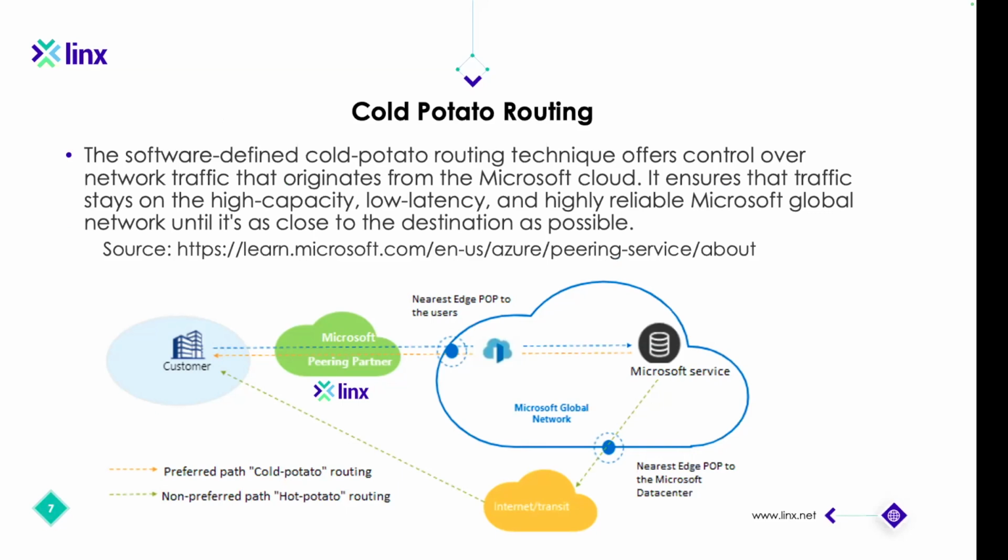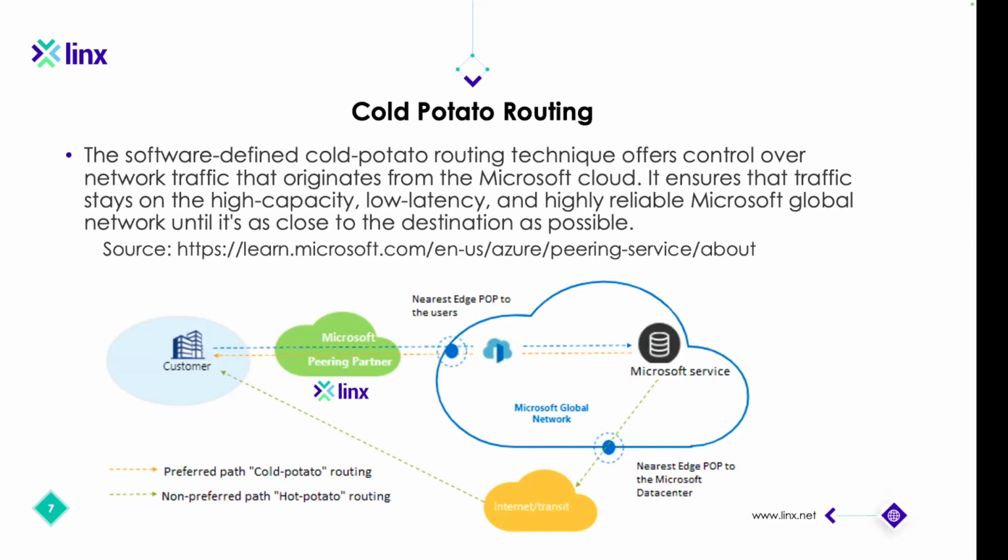From Microsoft's point of view, the main difference is if you just have peering with Microsoft in any of the many locations, they exit their traffic at the closest exit point on their network, meaning they have the traffic leave their network as soon as possible, which might not always be ideal.